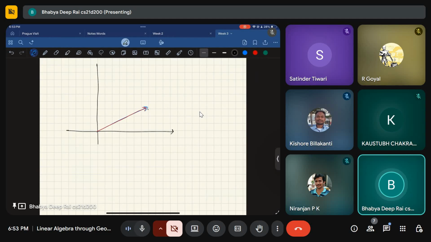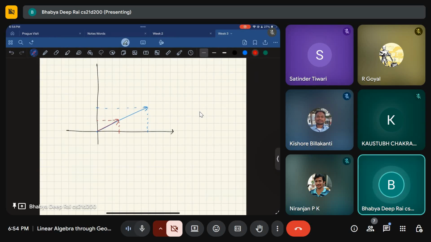Well, what do we do at this point? Because now it's not telling me anything, right? If this is a1, and this is b1, this is a2, and this is b2. B is the second vector.